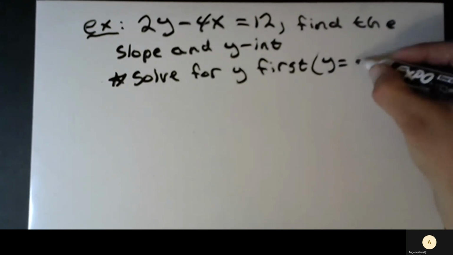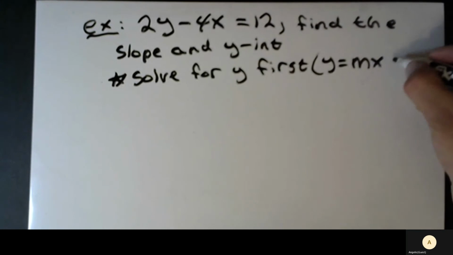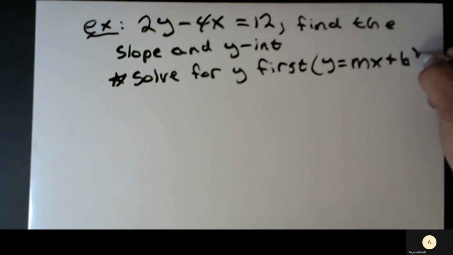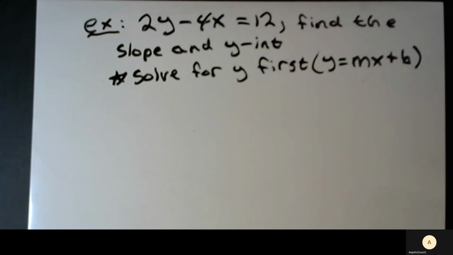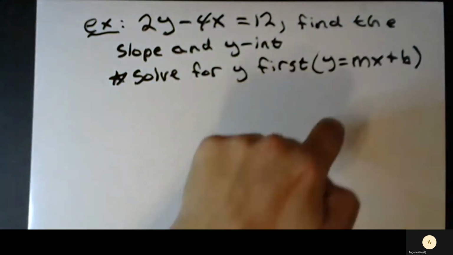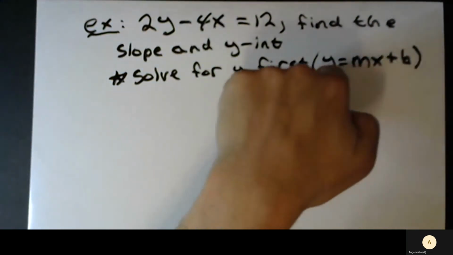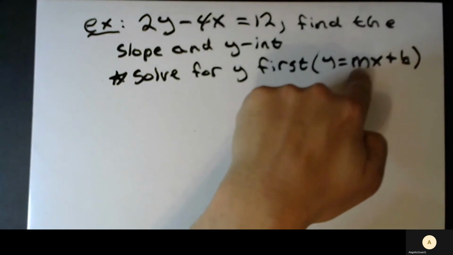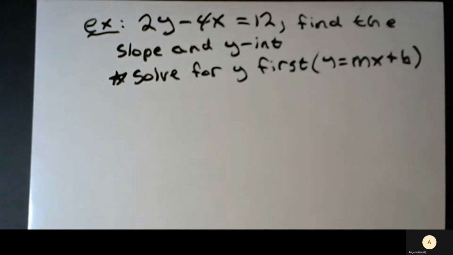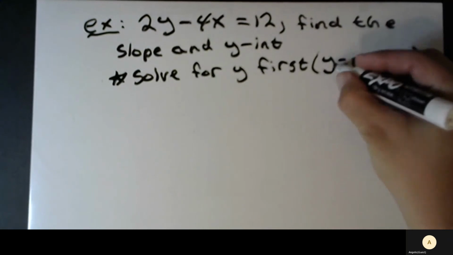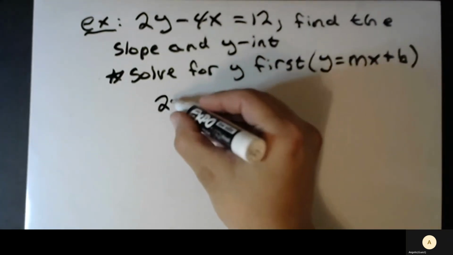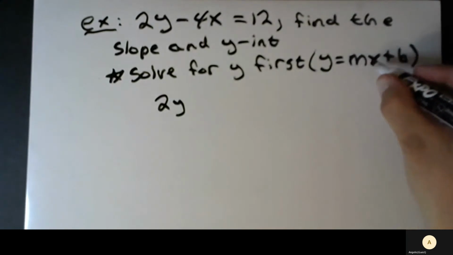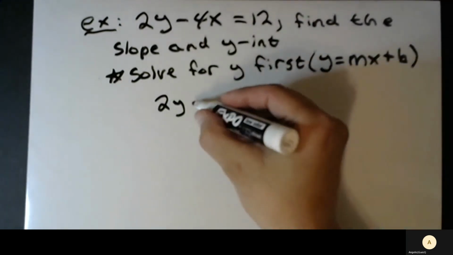We want it in this form. Technically it is close to standard form, but we want it in this form to read the slope and the y-intercept directly from the equation. We want to make sure it's in y equals mx plus b form.